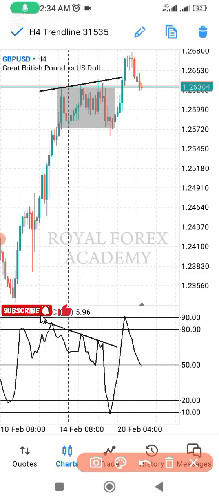So obviously price is making a higher high, right? A higher high. But look at what the indicator is doing. A lower high, and a lower high. So you can see that the indicator window is contradicting what is happening on the main chart. This is for an uptrend scenario.